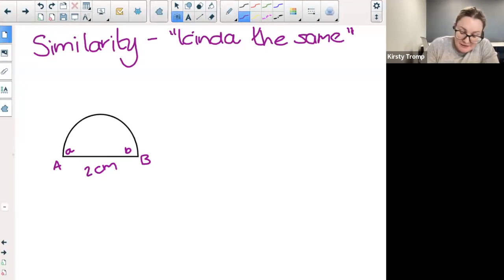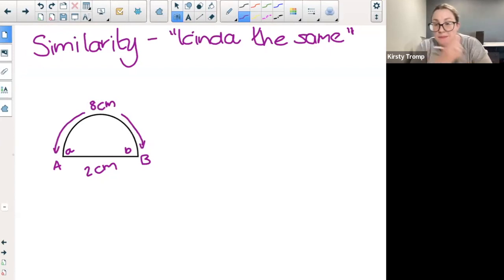And then because this is a semicircle, I'll say that this line on the top measures, let's say, 8 centimeters.